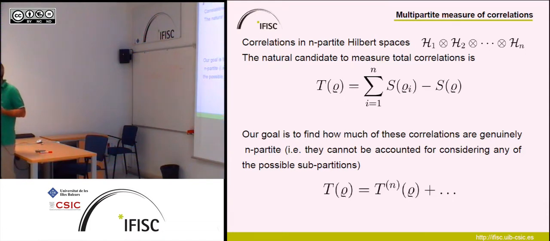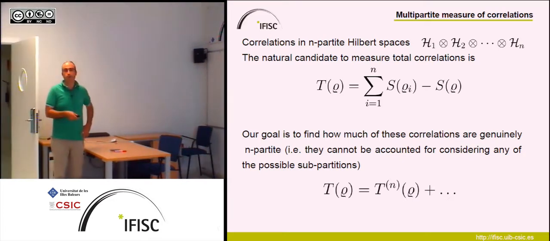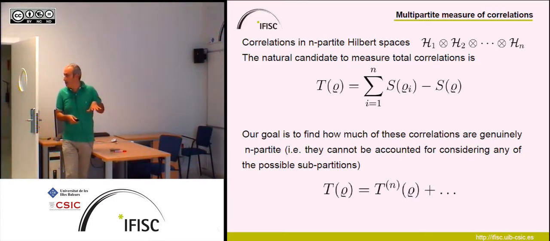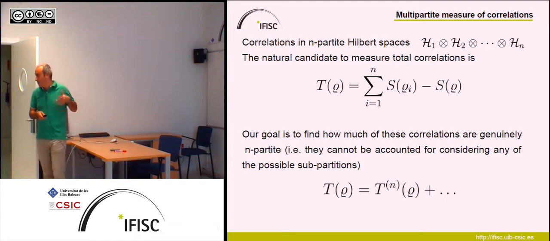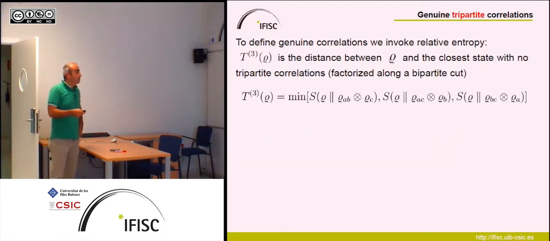It is really an n-partite genuine contribution, and other things that I don't want to specify. The aim is just to find the value of the correlation which is really n-partite, if any, in the number of partitions of the state.